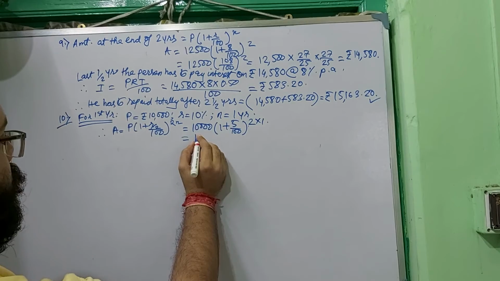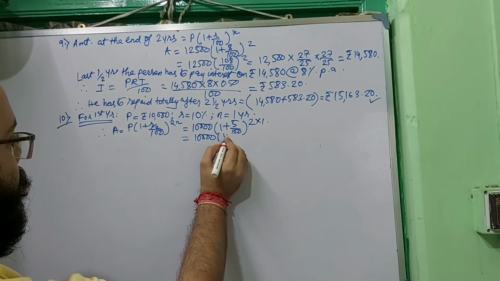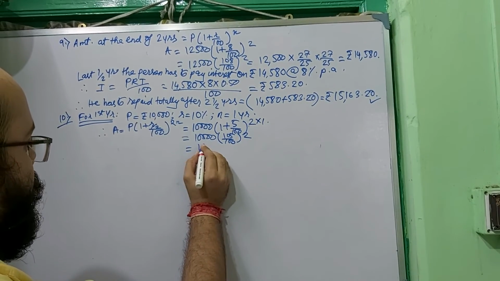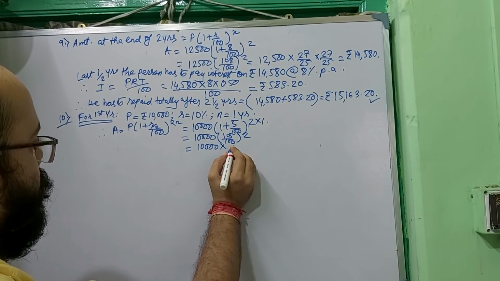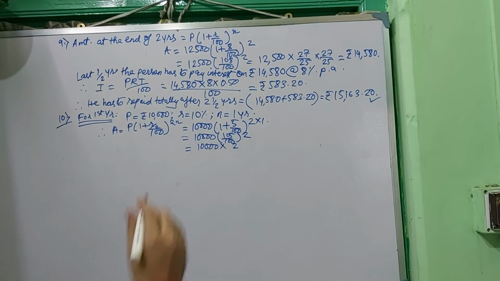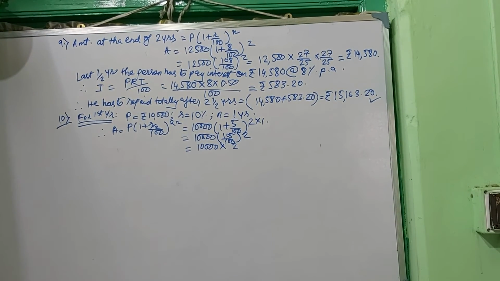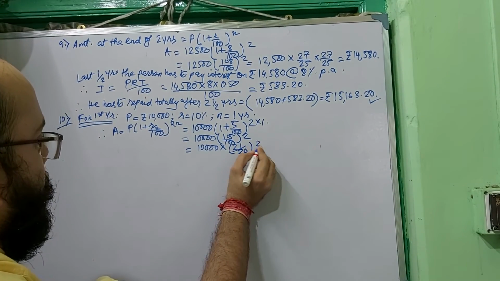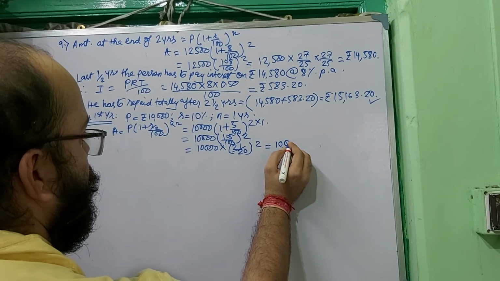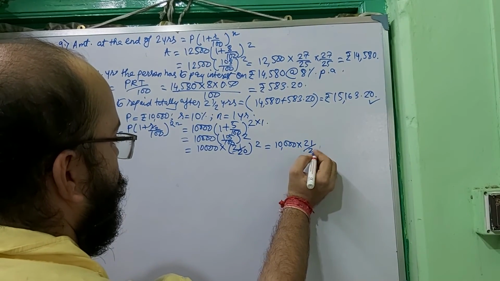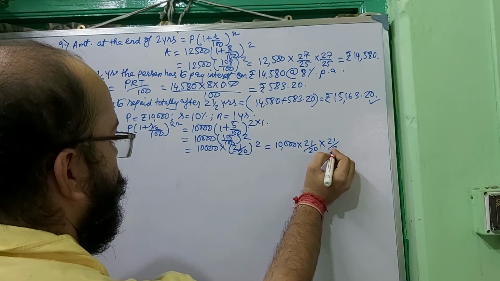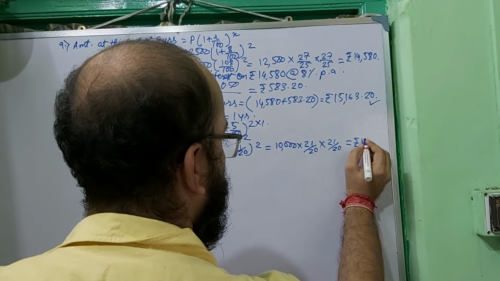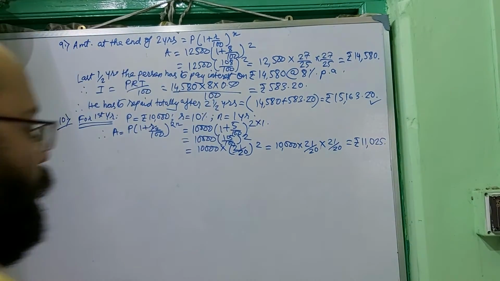So 10,000 into 105 by 100, whole to the power 2. 10,000 into 21 by 20, because 5 divided by 5, whole square. 10,000 into 21 by 20 into 21 by 20, you will get the amount as 11,025.